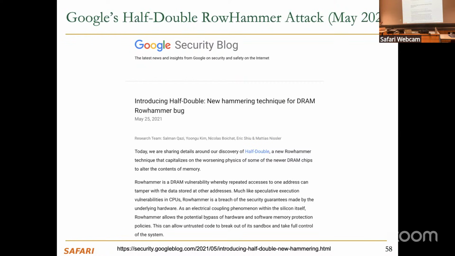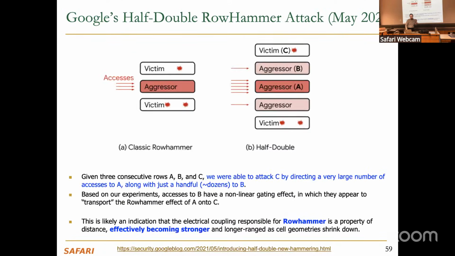There's a paper that was written, well, initially it was a security blog by Google. These folks discovered an effect in DRAM that was not reported before. They called it Half-Double. The problem is essentially this: classic RowHammer has one or two aggressor rows, double-sided, one-sided. Let's take a look at one-sided here. You can do the double-sided attack also, and generalize it.